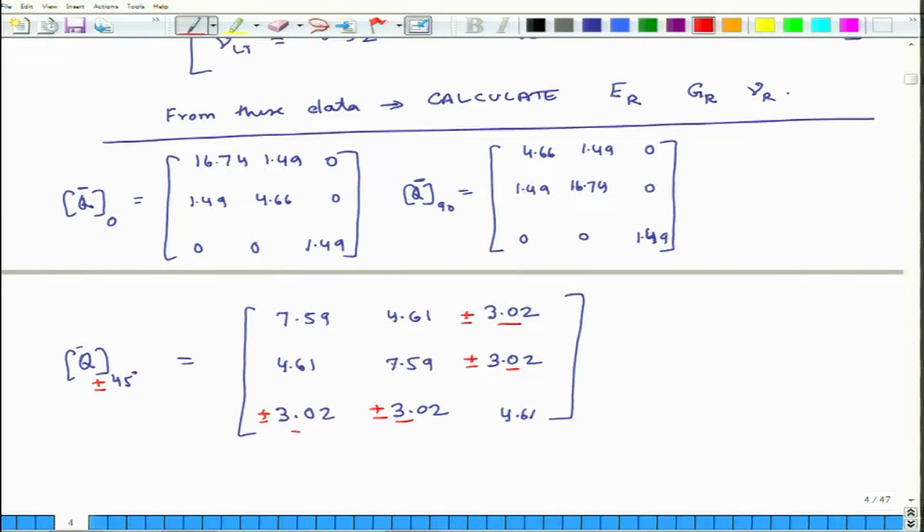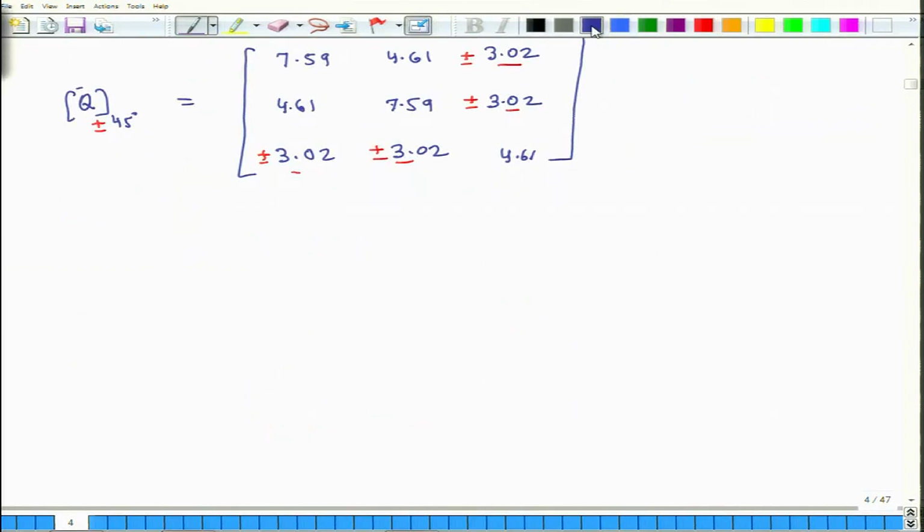So, using this, now we compute the A matrix for the quasi isotropic laminate.